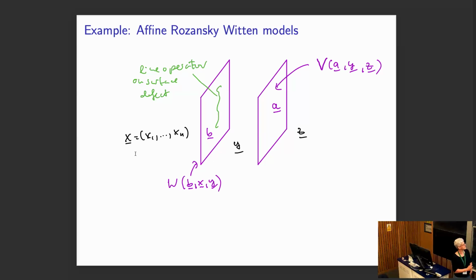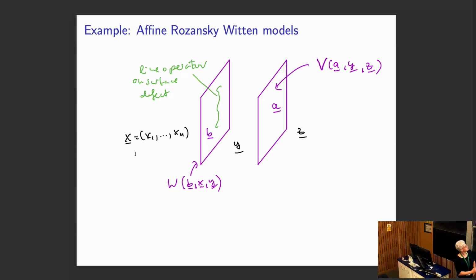If this is a 3D N=4 theory, I want the two-dimensional defects to have (2,2) unbroken supersymmetry. One way to give such theories is via a superpotential in the surface variables, the two-dimensional variables, but there's also a coupling to the bulk variables that is allowed.